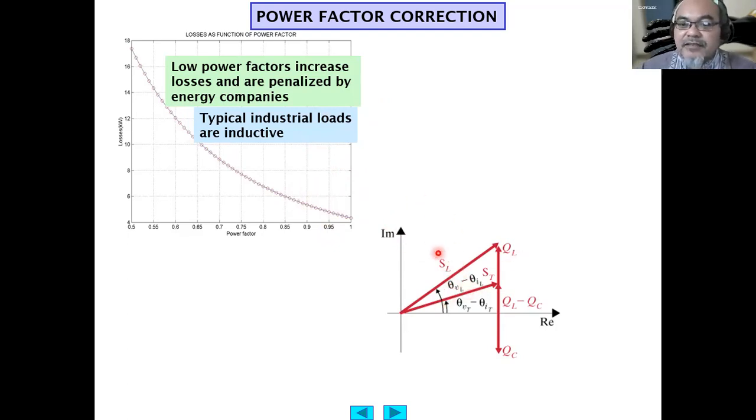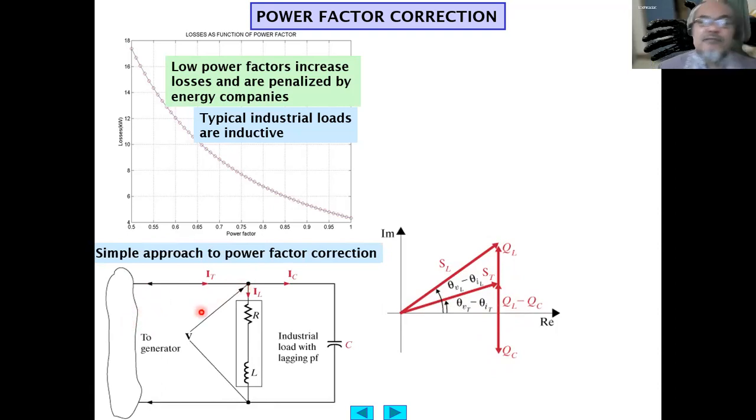So this is the concept. A typical industrial load is inductive, so we have this SL as the complex power, and as a result there is a lot of power loss due to the magnitude of this QL, the inductive reactive power. To make it closer to pure resistive, we compensate with this QC, so that the eventual reactive power becomes QL minus QC.